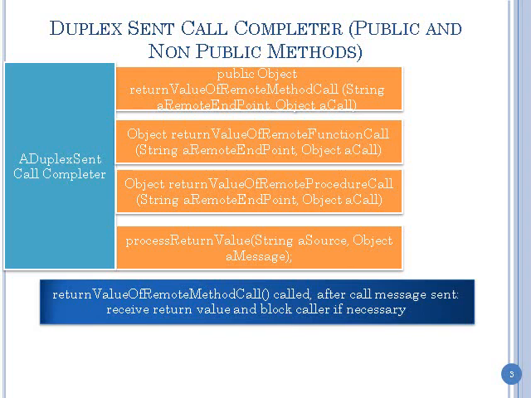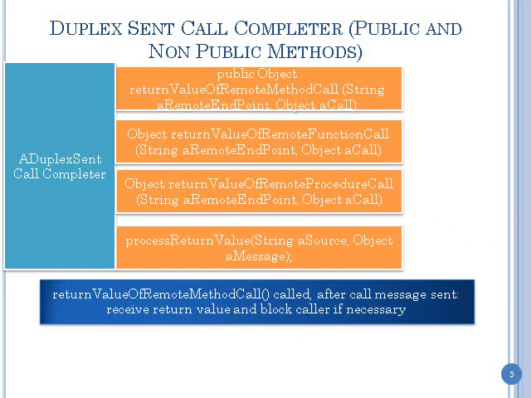So that's just a method that goes and checks whether what it got was a return value or not. So it returns true. Okay. So I should really say here a duplex send call completer, and these are both public and non-public methods. Okay. Questions?